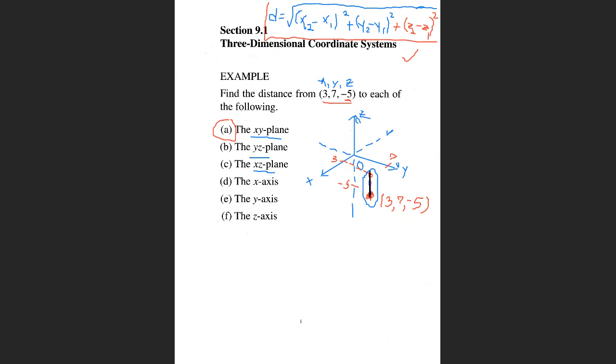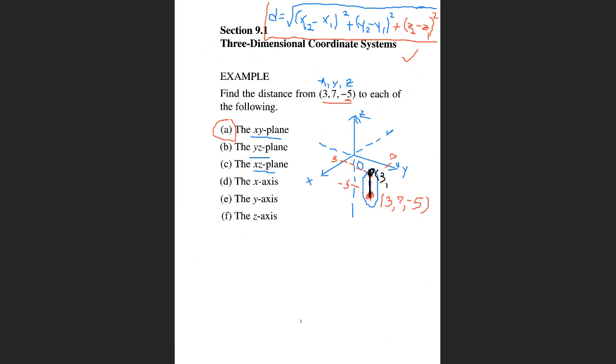So I didn't really need to use the distance formula. I mean, I could have used the distance formula. In fact, what I would have done is I would have said, okay, well, this coordinate here is 3.